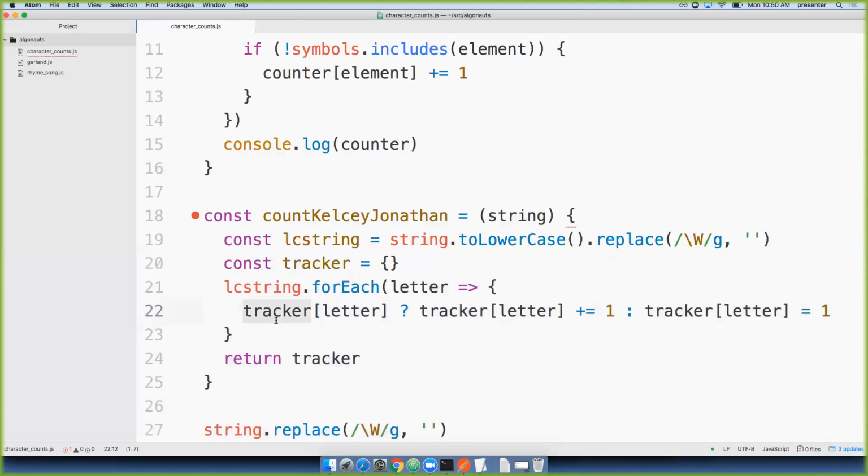If tracker has 3 zillion letters, or if tracker has 1 letter, this is going to take the same amount of time to determine whether or not for any given letter it is defined or not. That's something actually pretty cool about objects. Objects are super runtime efficient.